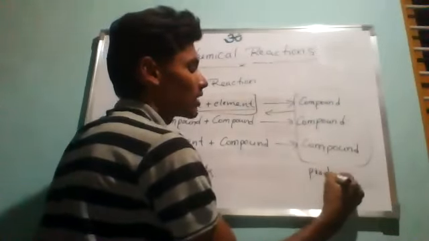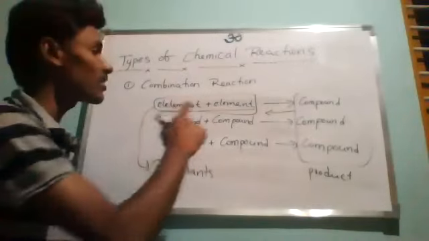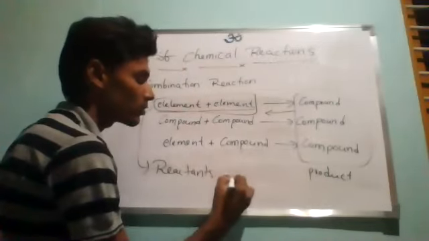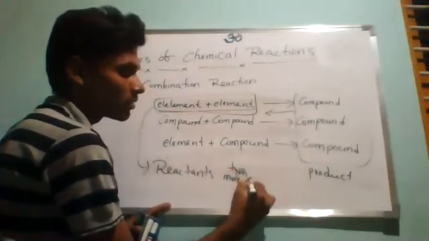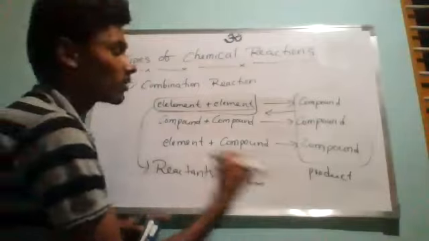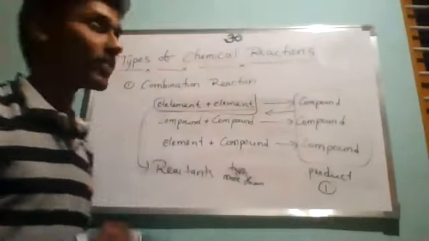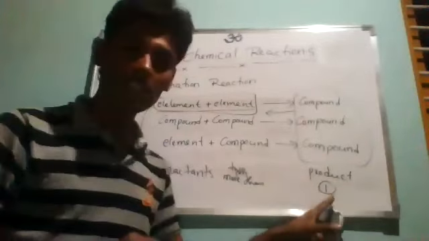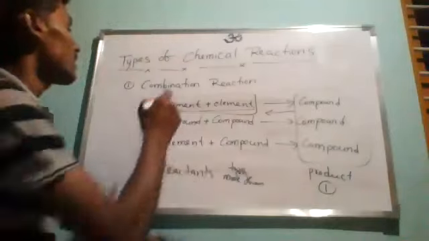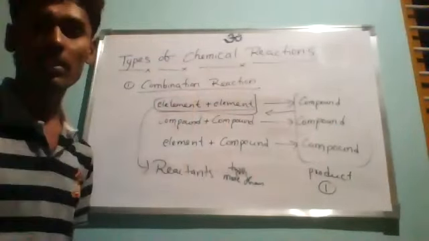The number of reactants must be two or more than two, but the product must be one. If any chemical reaction gives only one single product, then this reaction will definitely be some type of combination reaction.